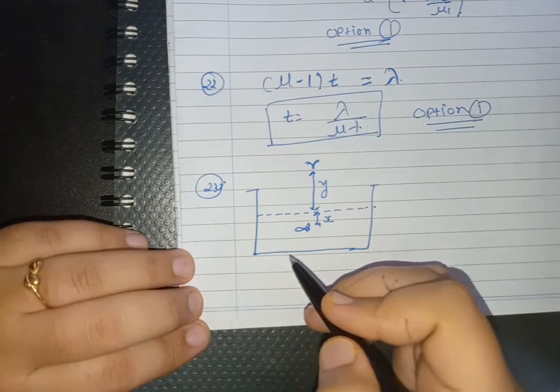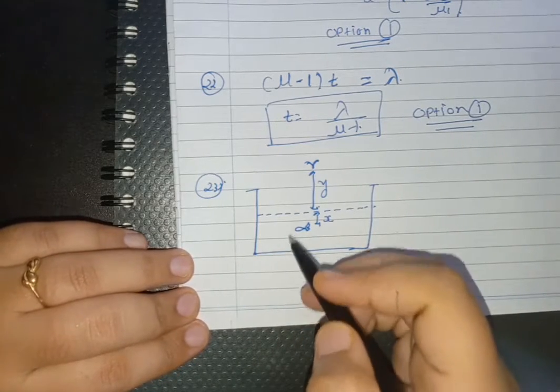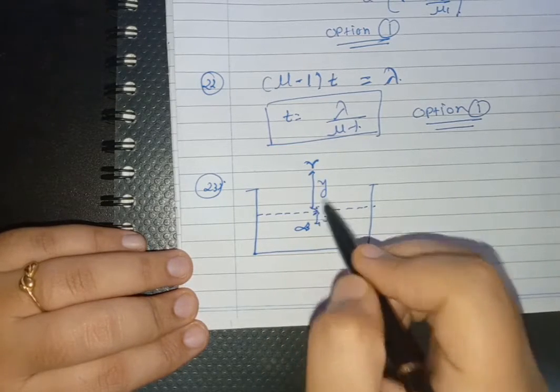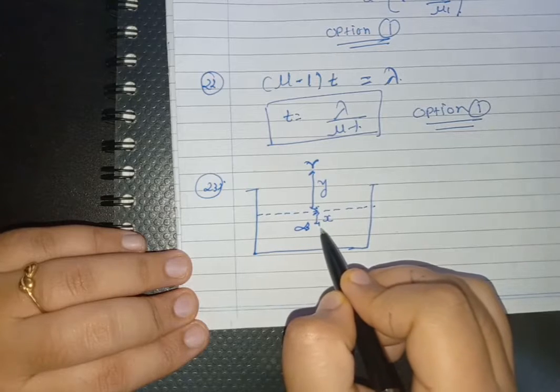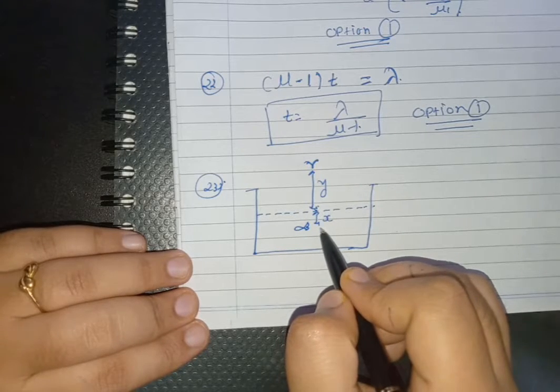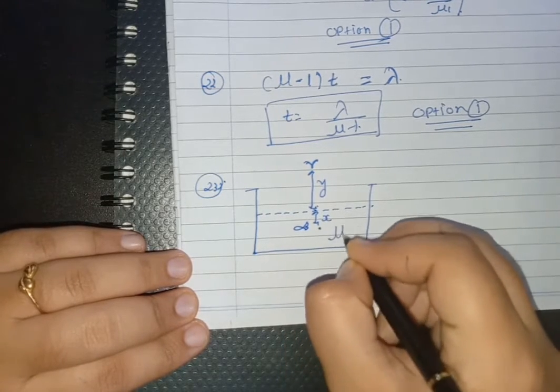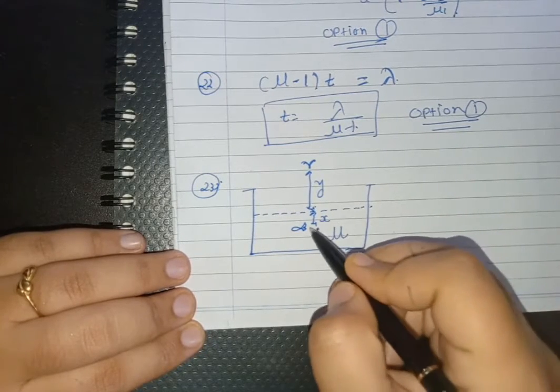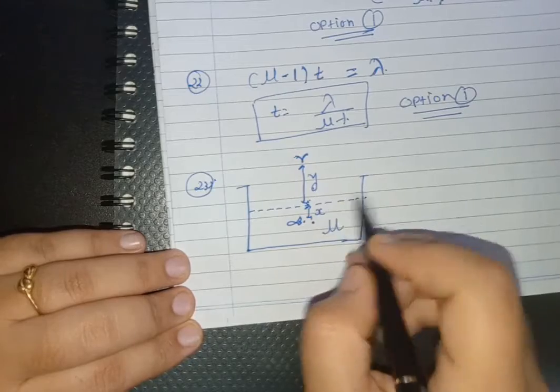In question number 23, a bird in air is at a height of y from the surface of water and a fish is at depth x below the surface of water. The refractive index of water is mu. We want to find the apparent distance of the fish with respect to the bird.